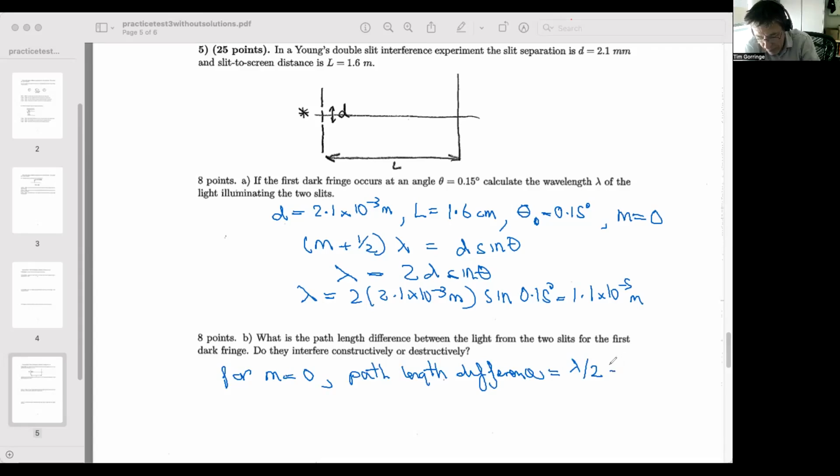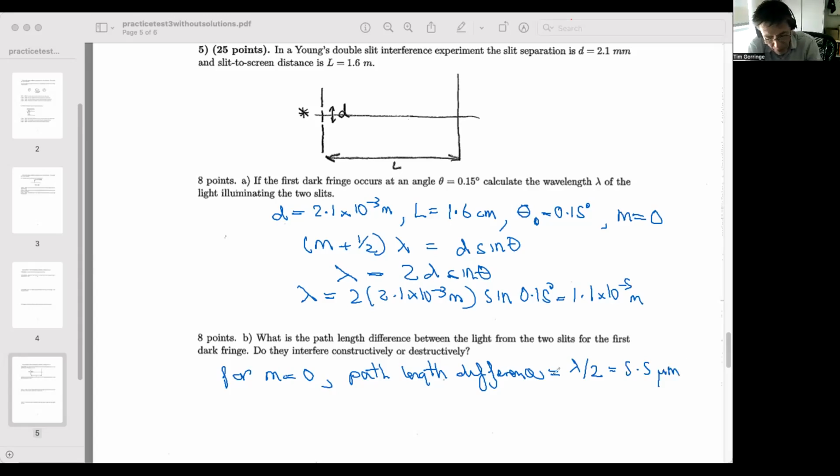To calculate the path length difference, we just take our wavelength from the prior part of the problem and divide it by a factor of 2. It was 11 micrometers, and so now it will be 5.5 micrometers for the path length difference.